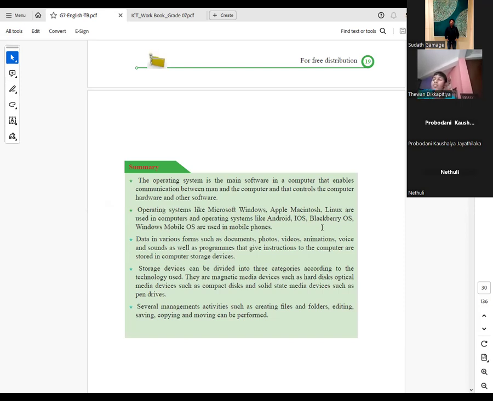What is the reason that the speed of the SSD is higher than a normal magnetic hard disk? What is the reason? Sir, I couldn't hear you. In SSD hard disk, than a normal hard disk, that means than a magnetic hard disk, the speed of SSD hard disk is very high.